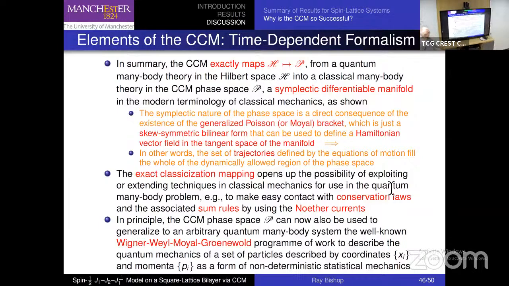But this is an exact classicization mapping, and in principle, you can go right back to original work done way back at the start of quantum mechanics by people like Wigner and Weyl, who introduced these P functions and Q functions and all of this. And you can take it all over.